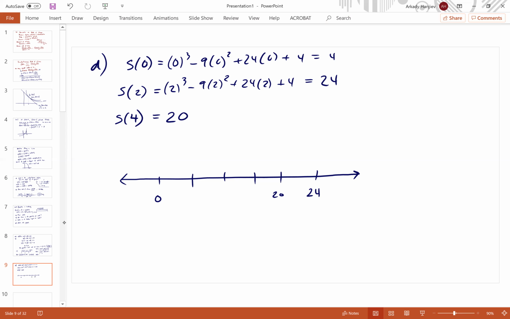Will that work? 4, 8. Oh, no, that's not going to work. Why am I missing it here? Wait, how many numbers are in 1, 2, 3, 4, 5. Oh, I'm off by 1. There you go. Sorry. 6 should be about right here.